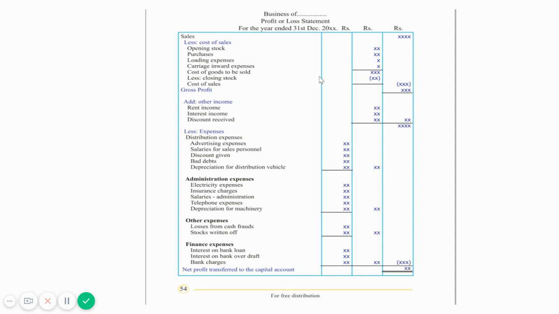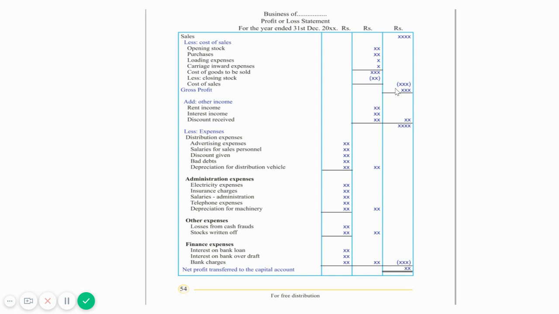So from the cost of goods to be sold, you have to deduct the closing stock remaining in the business during the accounting period. Only then will you end up with the proper figure of cost of sales, which is going to be 75,000 according to my example.